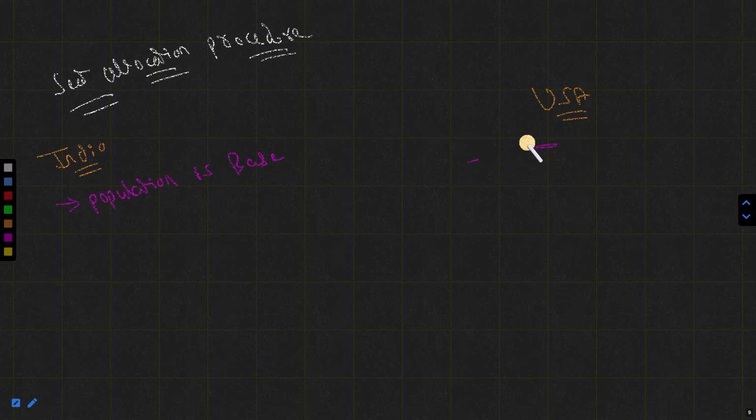In the USA, population is not the base. So there will be variations.